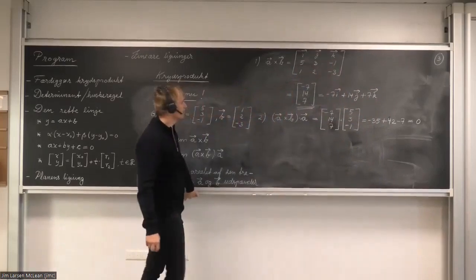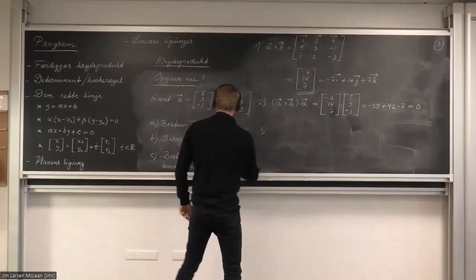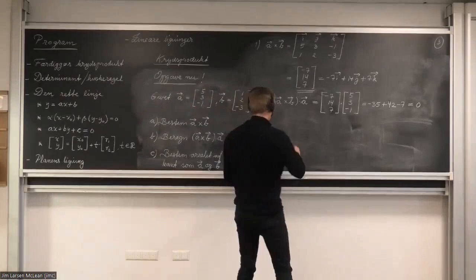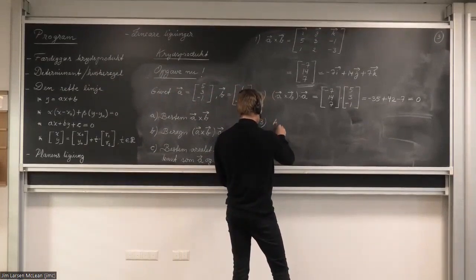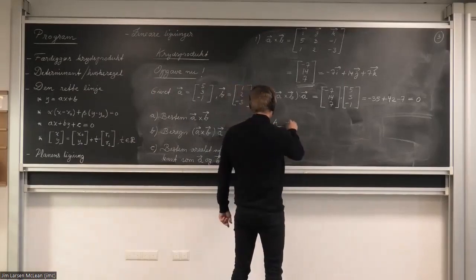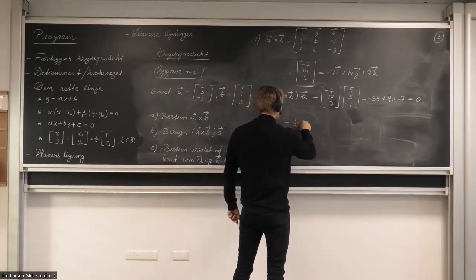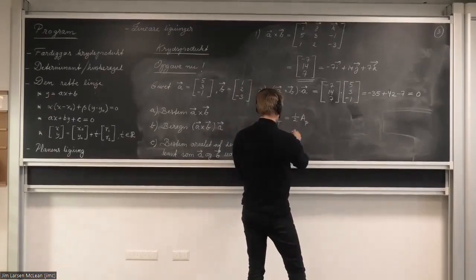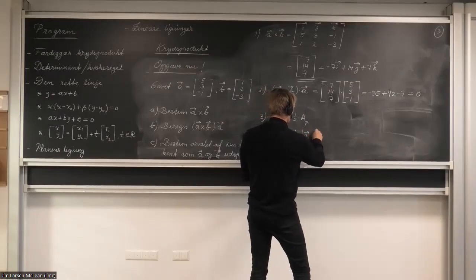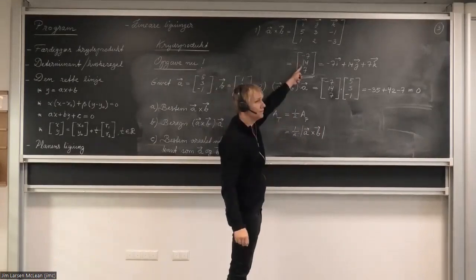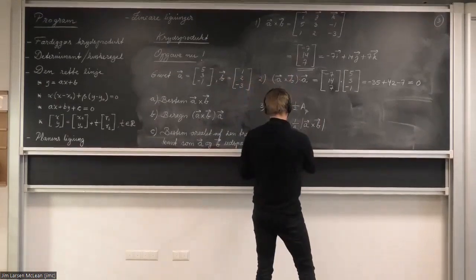And then there's the last question: the area of the triangle that A and B span. We know that the area of the triangle is half the area of the corresponding parallelogram they span. Therefore, it must be half the length of the cross product vector. So I need to find the length of this vector and then take half.